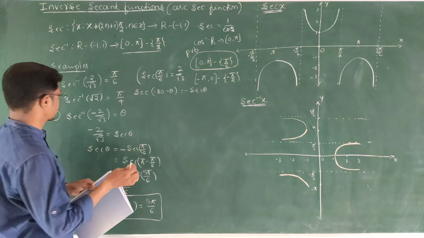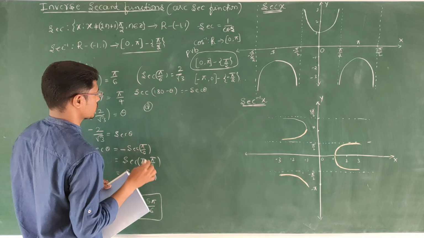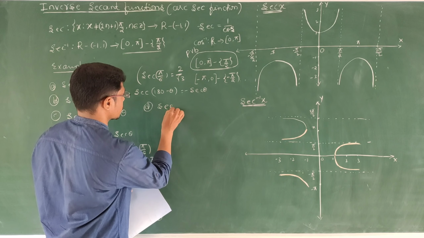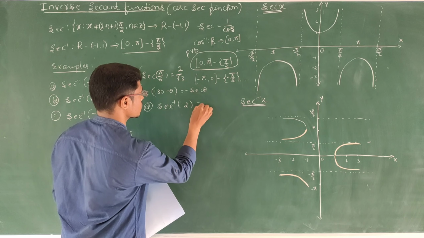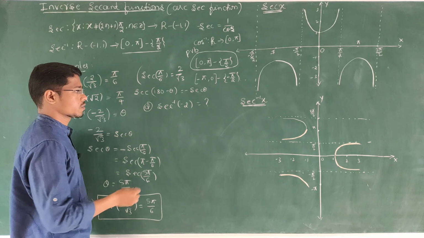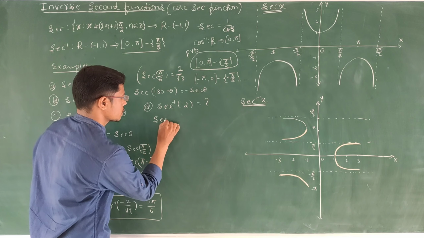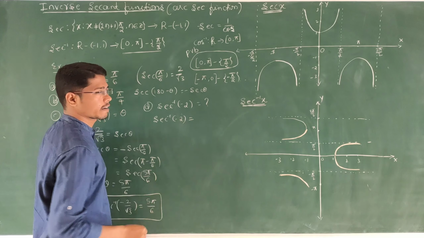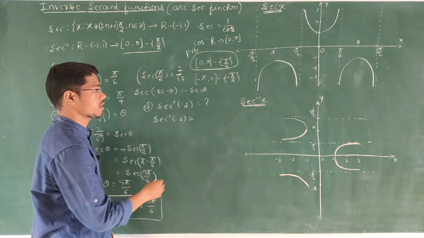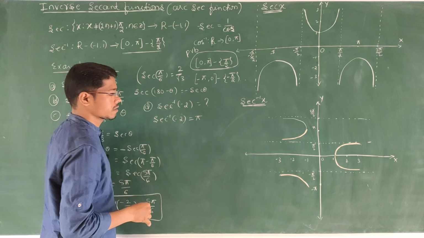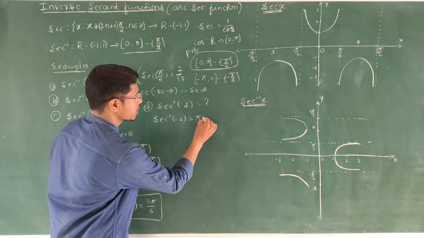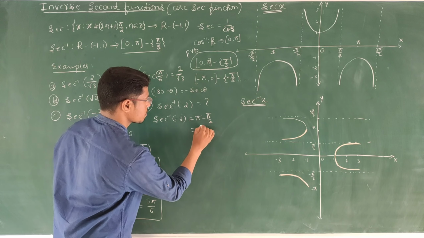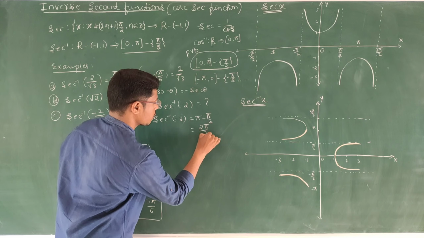Okay, one more example I will write here. The sec inverse of minus 2 is equal to what? Let us consider sec inverse of minus 2, I will write directly. See dear students, pi minus, so when it is 2, sec is pi by 3, so pi minus pi by 3 is equal to 3 pi minus pi, 2 pi divided by 3.